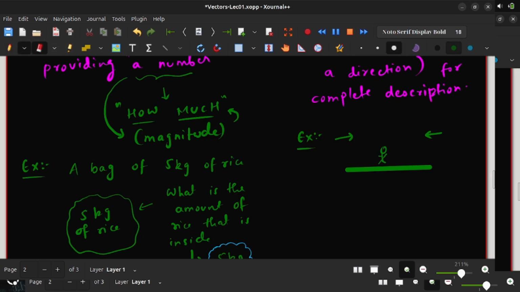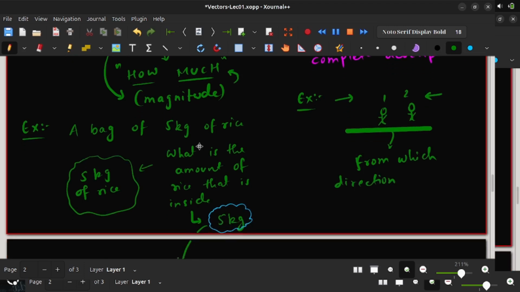Then maybe some other guy who's also standing there, you will ask him. So this is guy 1, this is guy 2, and guy 1 asks: from which direction will the train come?